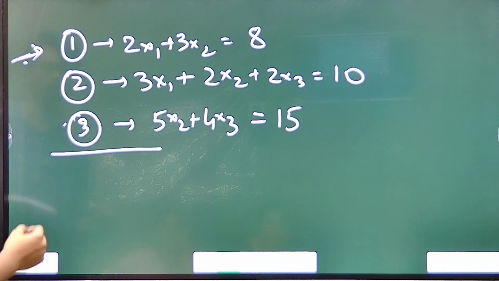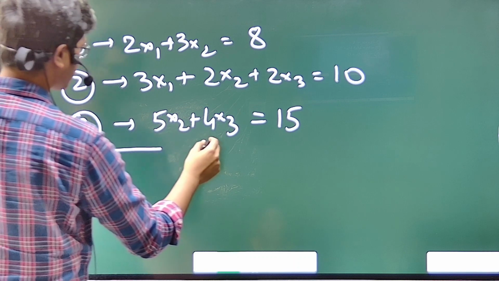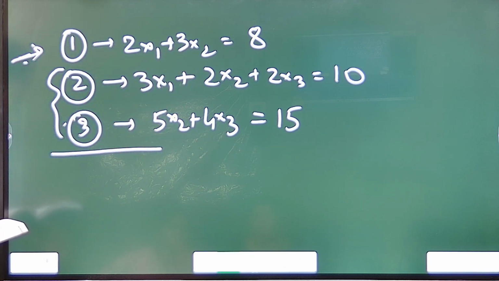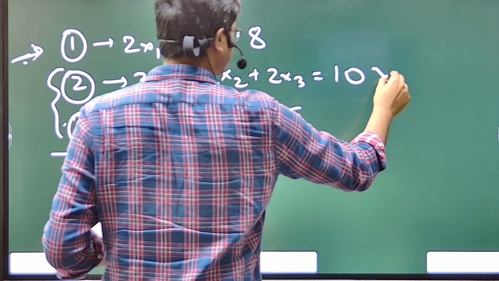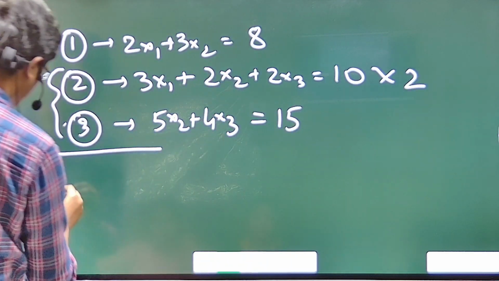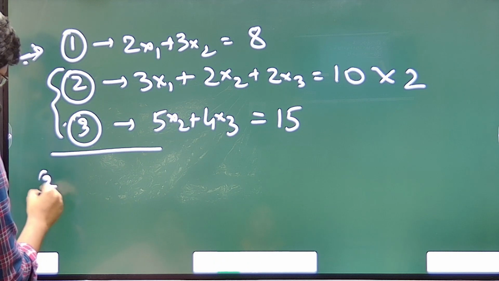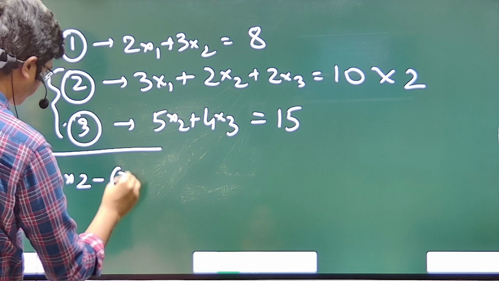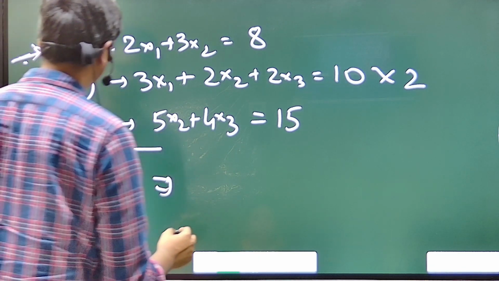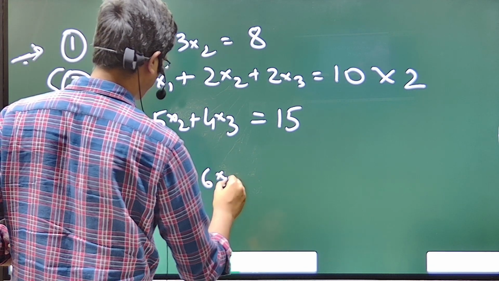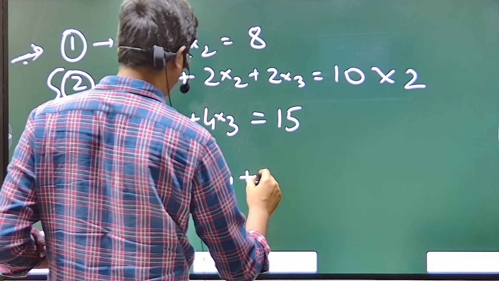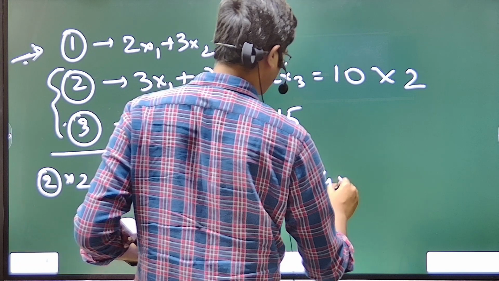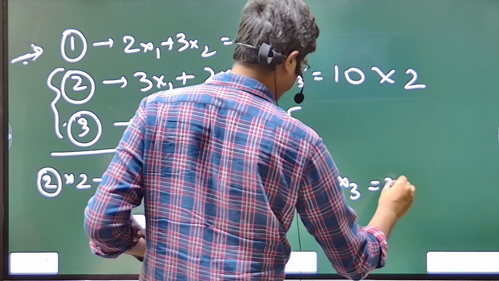Okay? So, what I am doing is I am eliminating x3 in these two equations because this equation does not have x3. So I have multiplied this by 2. So I am doing 2 times equation 2 minus equation 3. That will come to 6x1 plus 4x2 plus 4x3 equal to 20.